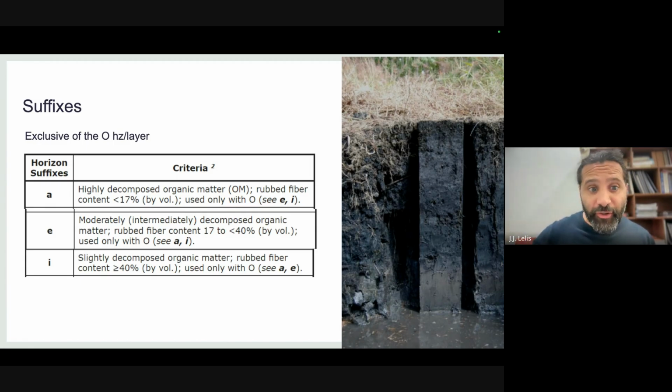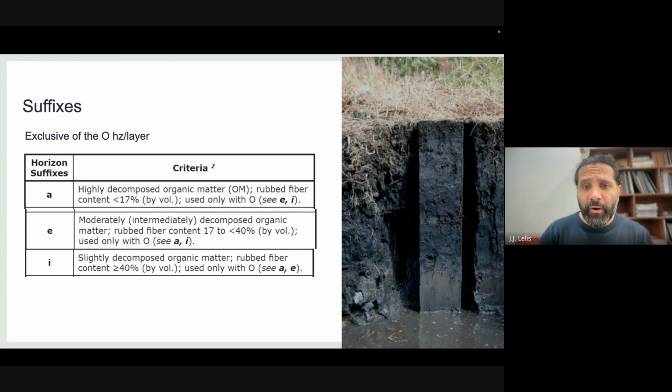Okay, so the first step, after describing and identifying in the field which layers and horizons I can see in front of me in the soil, is that now I will start to think about the suffixes, okay? Which properties and characteristics does each of these horizons and layers possess?